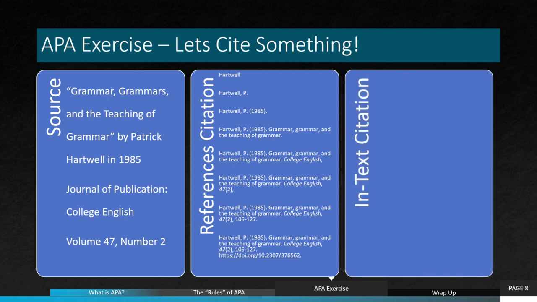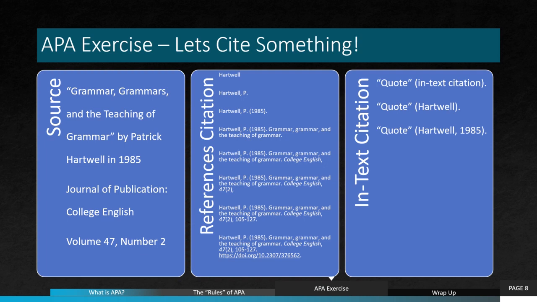Now let's look at in-text citations for APA. If you are quoting Hartwell, what would the APA in-text citation look like? Similar to MLA, you do include the author's surname. What else? Don't forget that earlier we mentioned that the year an article is published is glued to the author's surname. So next, you put in the year.